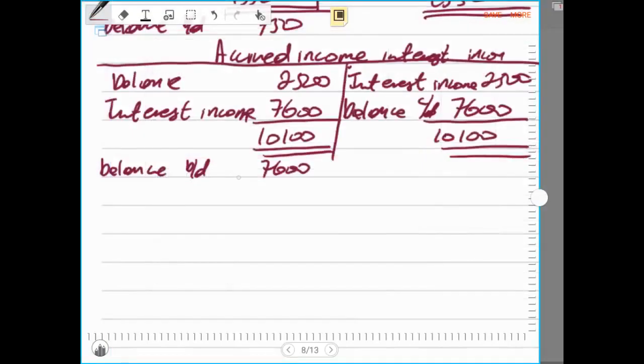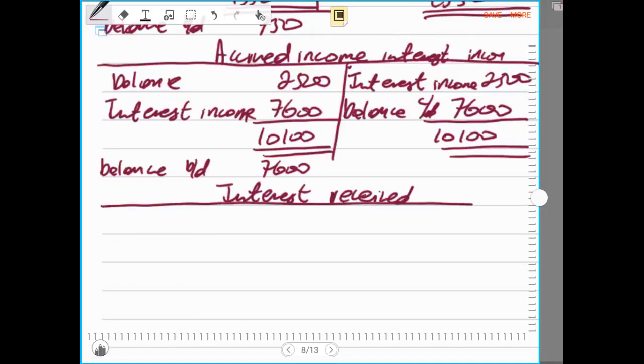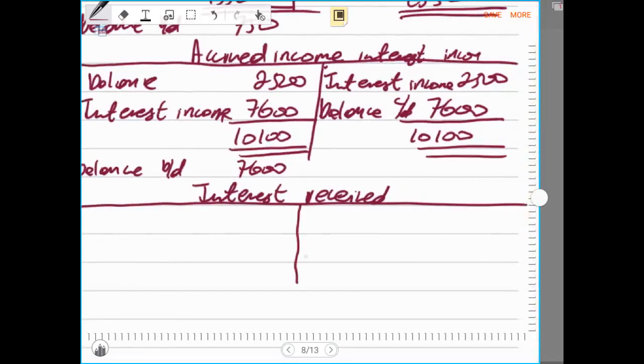We start with that whenever we do the ledger account for an income. So we say total from the trial balance is 2,500.